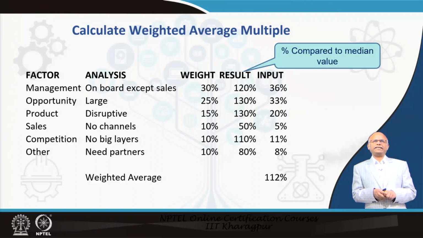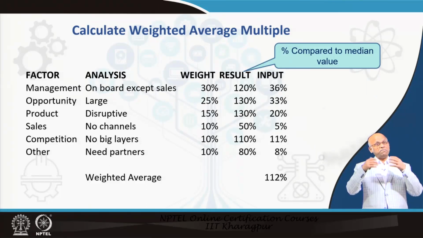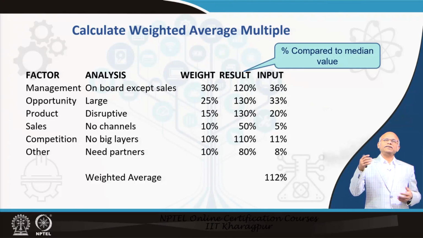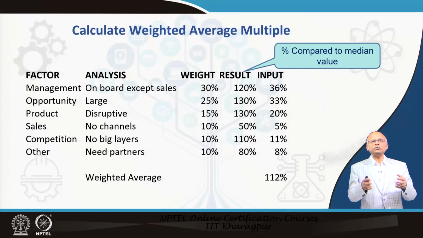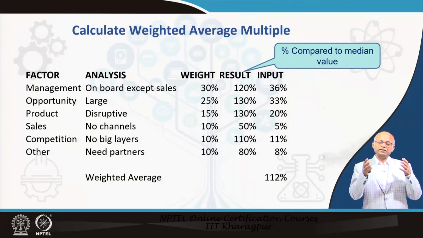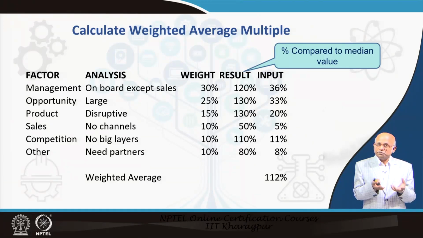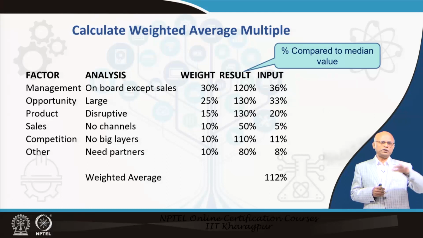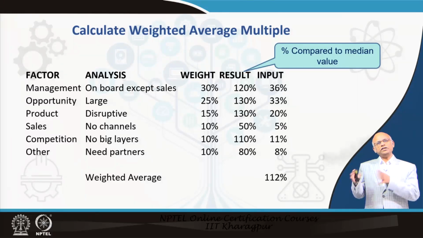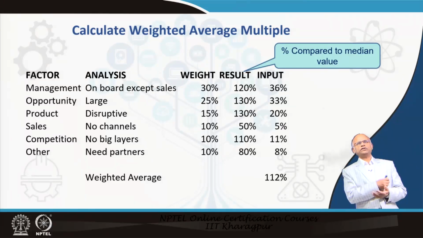So, you want to assess a 30% premium over the median value, or say 20% premium, not 30, 20% premium. So, management holds 30% weightage, and you think that your management enjoys a 20% premium over the median company. So, you want to assign 36% weightage on that.